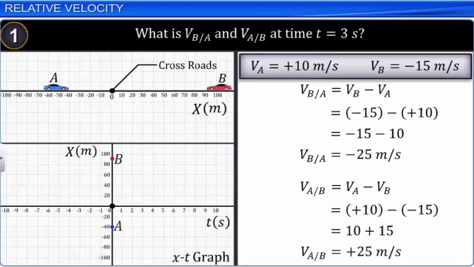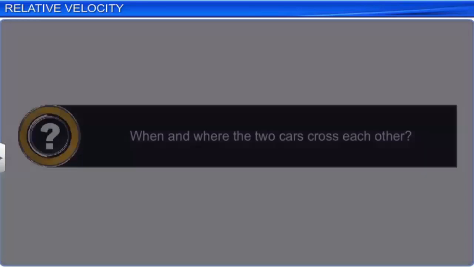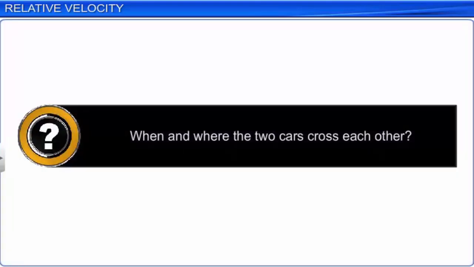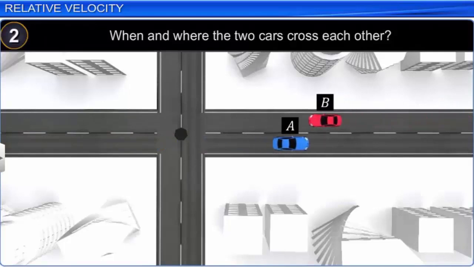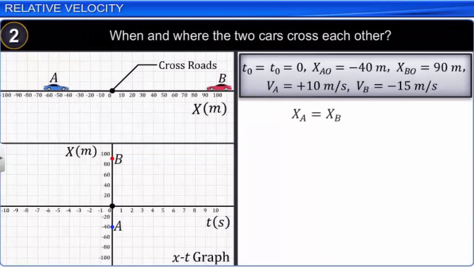When and where the two cars cross each other? When the two cars cross each other, their position coordinate is the same. That is, XA is equal to XB, which is equation 1. Here, XA is equal to XAO plus VA into T minus T naught.